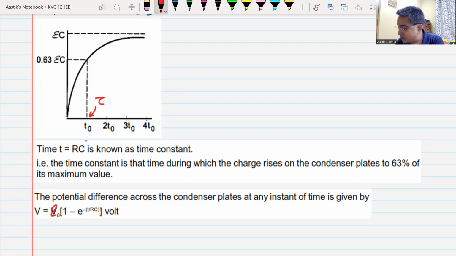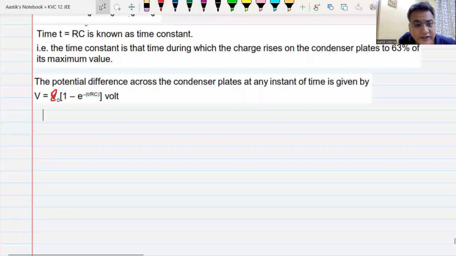Potential difference will be E into 1 minus e to the power minus t by RC. Do we understand this? That is the potential difference across the capacitor as a function of time. It is also an exponential curve, same curve. The only thing is it is not multiplied by C.